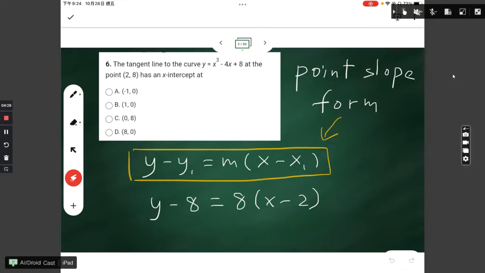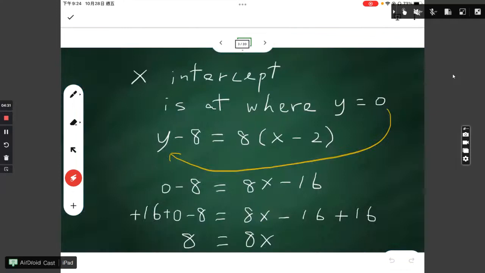All right, so what does x-intercept mean? They are looking for the point at which the curve intersects the horizontal axis, the x-axis, and that happens when the y-coordinate equals 0.